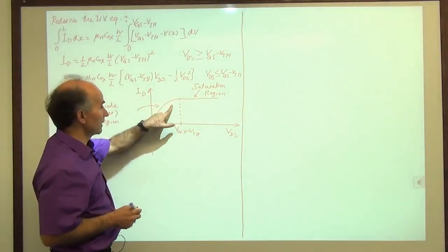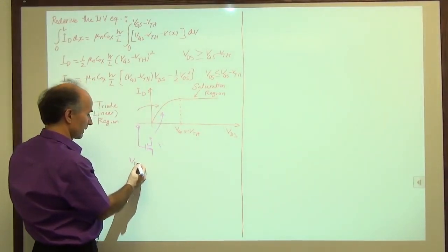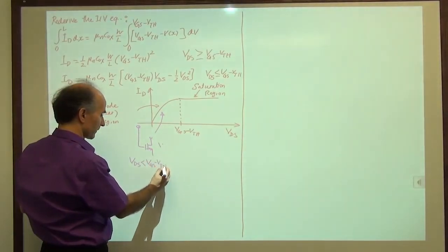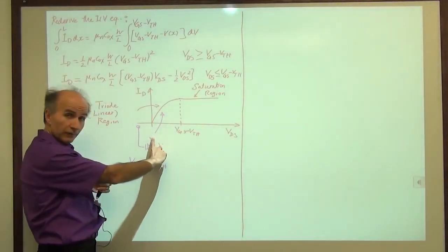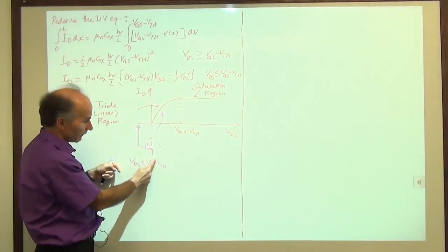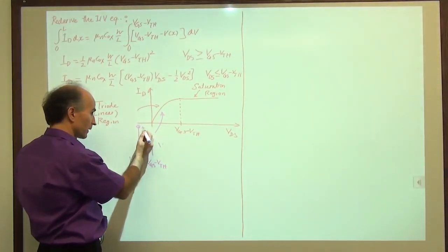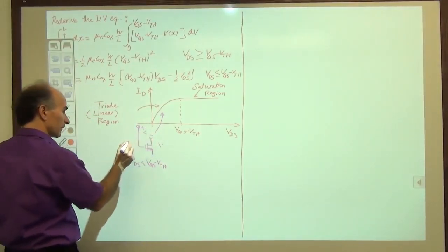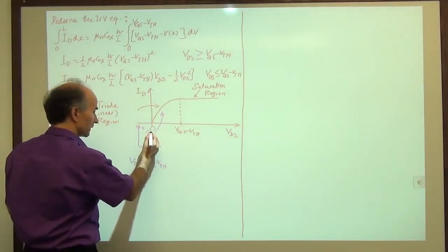So I know that here, VDS, let me write it here, VDS is less than VGS minus VTH, right? So it says that if I measure this voltage difference and I measure this voltage difference, they have a difference of VTH or more if we measure it from here to here. So this difference is greater than VTH.